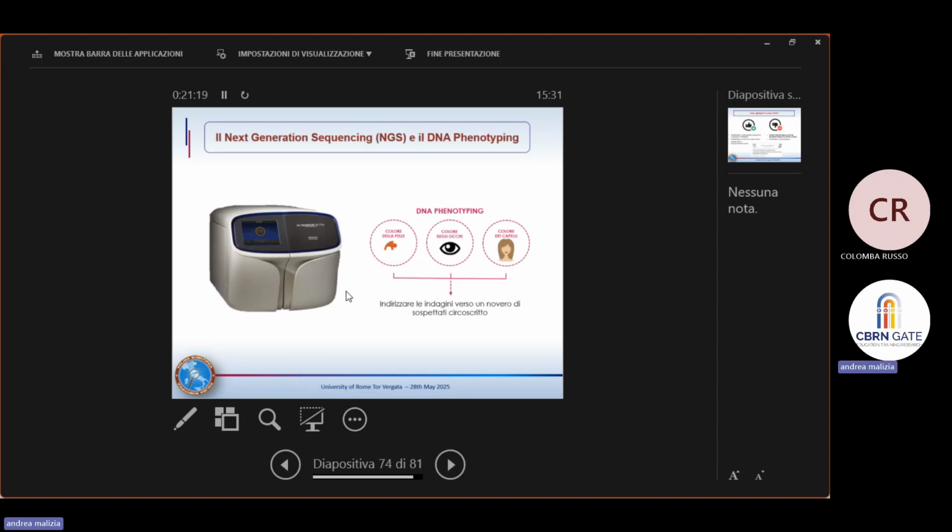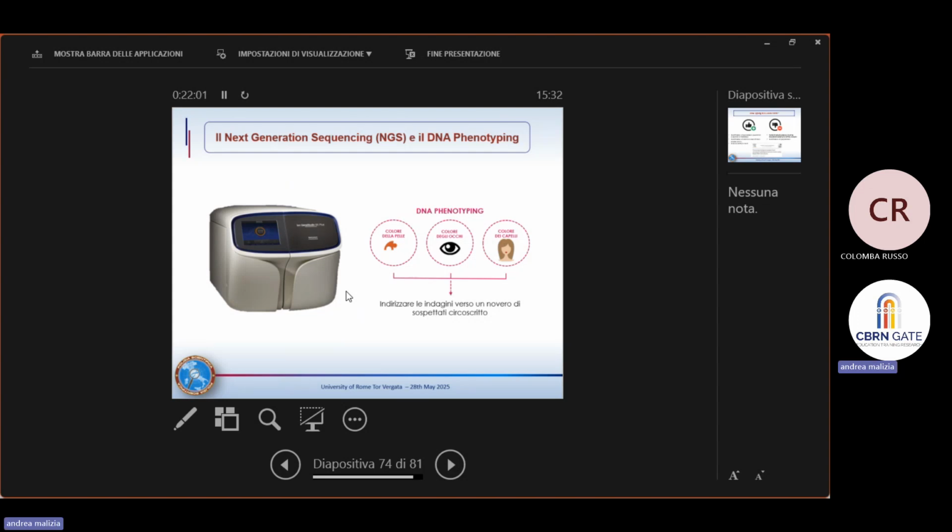Another aspect we were speaking about before was DNA phenotyping. Currently, it's possible to have some information from biological traces, especially for investigative purposes. At least the technology is ready for this, and as I told you, in certain countries the law allows this kind of investigation. It's possible to have some information about the color of the skin, the eyes, and the hair.